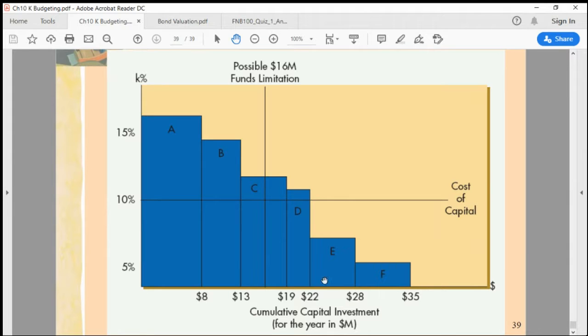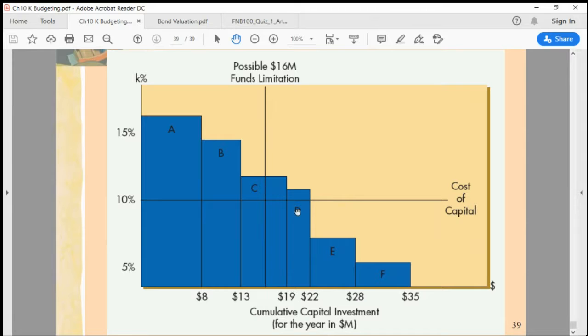E and F don't meet the cost of capital, so they will be rejected. But then the problem is, although C and D meet the cost of capital threshold, C cannot be selected because it doesn't fit into our budget constraint, right? So you kick it out.